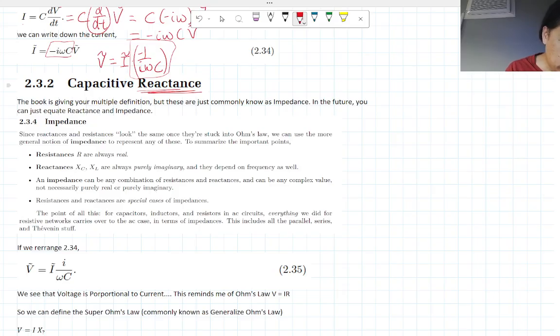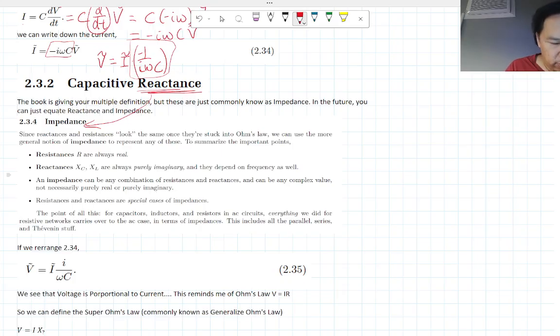And this is going to generalize to this concept called impedance. I think we already talked about this in the first chapter, but not really defining it very much in the circuits yet. But I want you guys to start equating resistance with impedance, okay? And now I'm going to tell you to do the same thing with these concepts called capacitive reactance and inductive reactance.